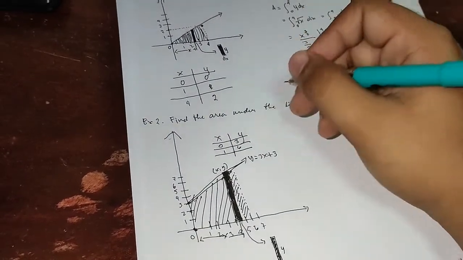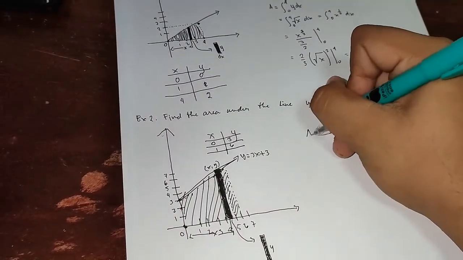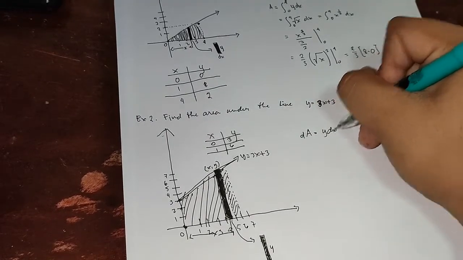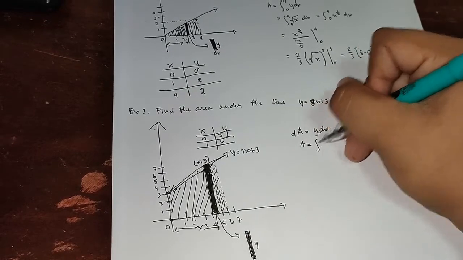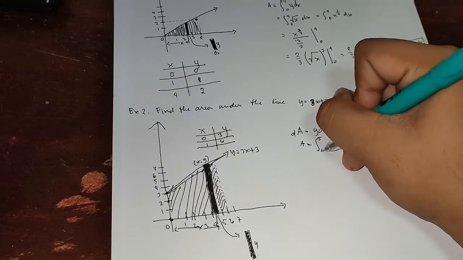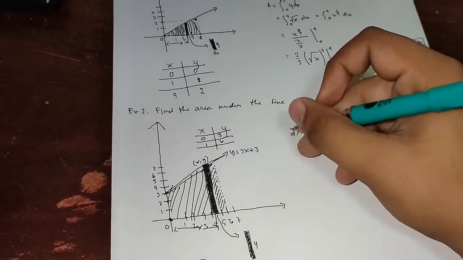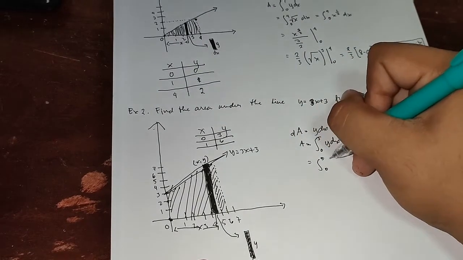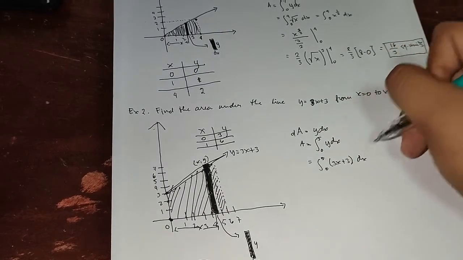I'm sorry, that's 3x plus 3. And our dA, which is y dx. Our limits, upper limit 5 and lower limit 0, y dx is equals to the integral of 3x plus 3 dx.